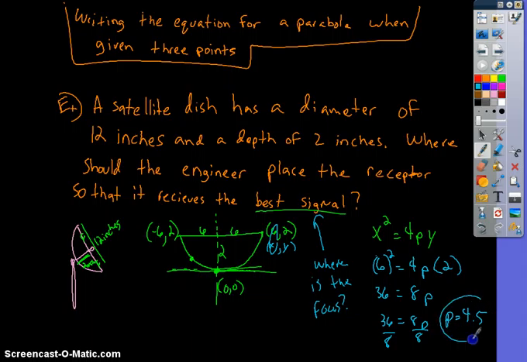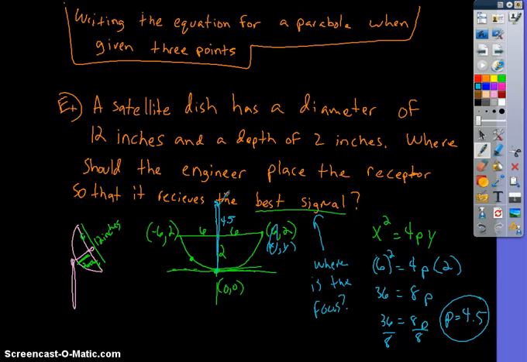So I know that if that's the case, my receiver has to be 4.5 away from this point. So from this point, I can go up 4.5. This is 2. This is about 2.5. Somewhere around there. So basically, you want a receiver that's 4.5 inches long, so that you can get it at the point where it's going to receive the greatest signal.